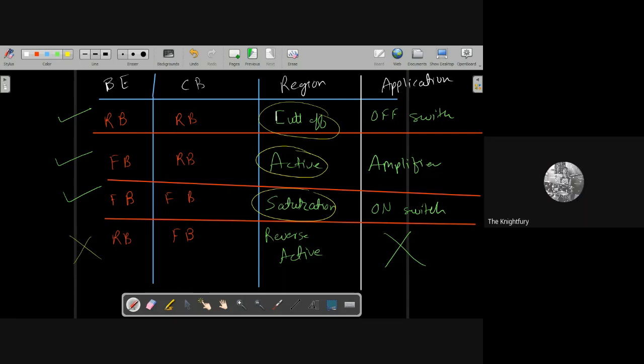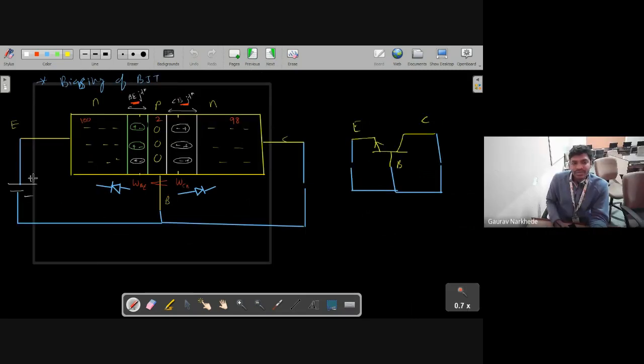Most famous is which region? This amplifier. We will always use the transistor in the active region.